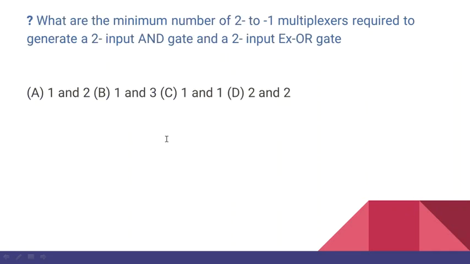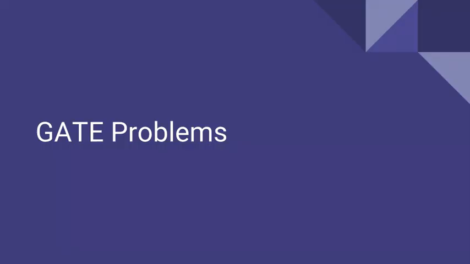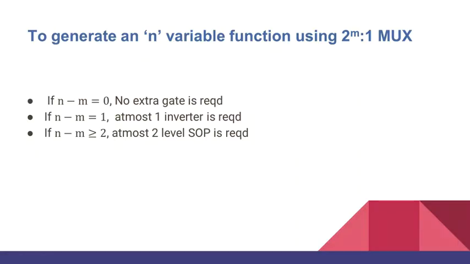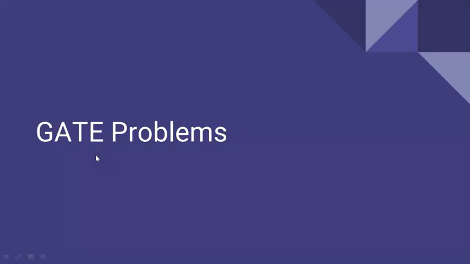What are the minimum number of 2:1 multiplexers required to generate a 2-input AND gate and a 2-input XOR gate? So we have discussed something like this before. We have to generate an n variable function using 2^m:1 mux. So we have these three cases.